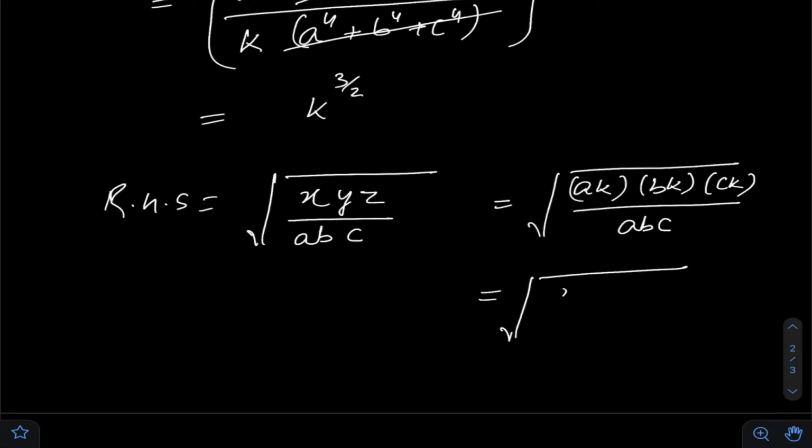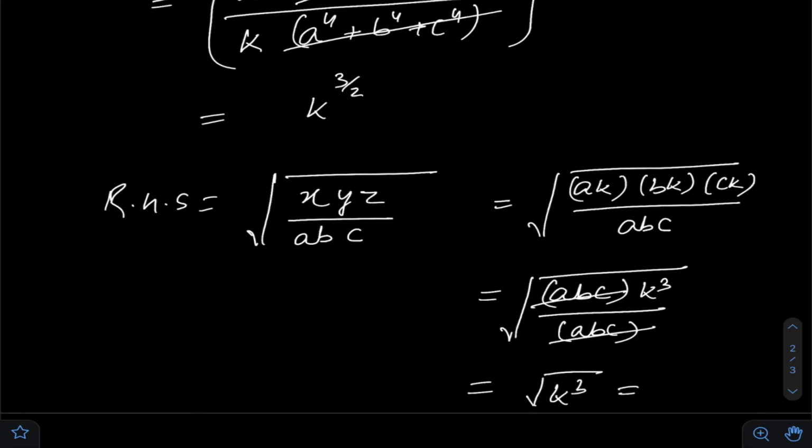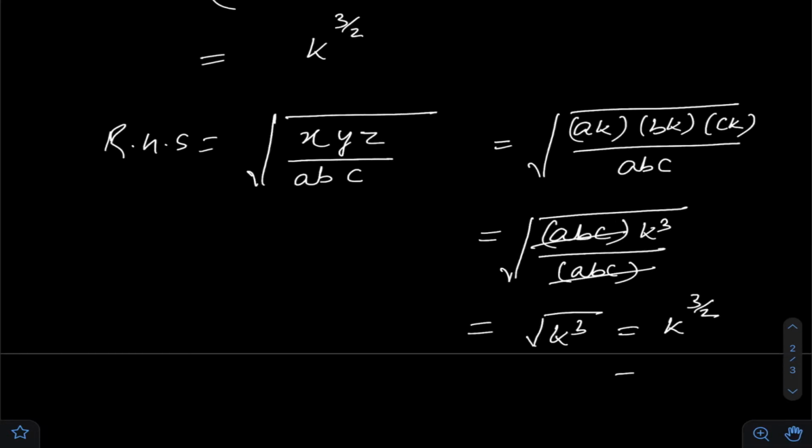It's coming abc into k cube over abc, and abc are cancelled. We are getting the square root of k cube, which is equal to k to the power 3 upon 2, or you can say it is equal to the left hand side. So question number 1 second part is also proved.